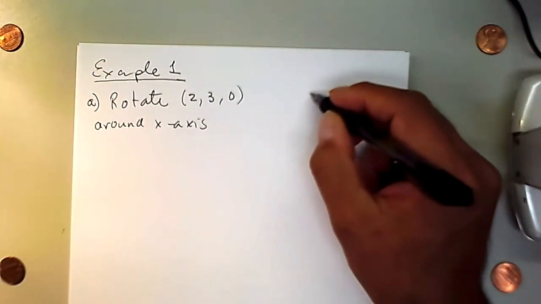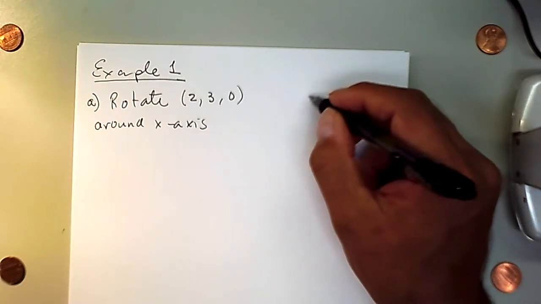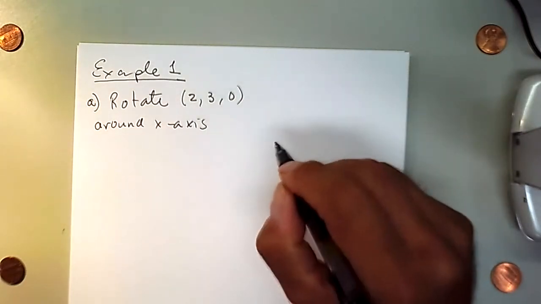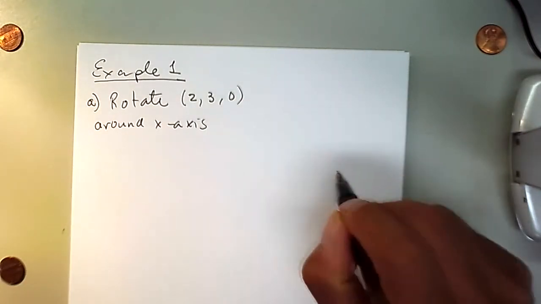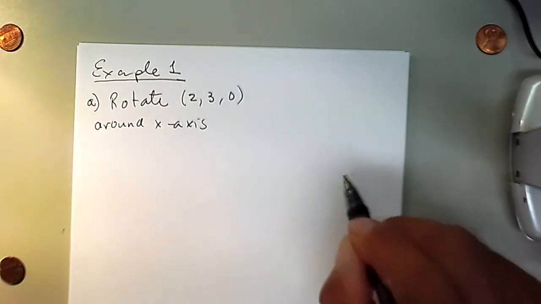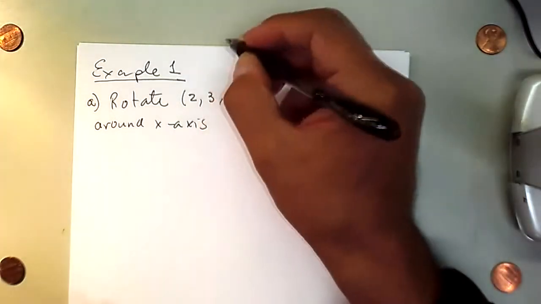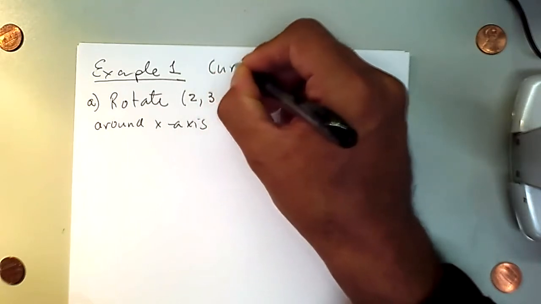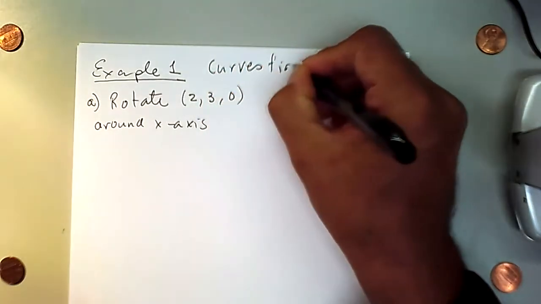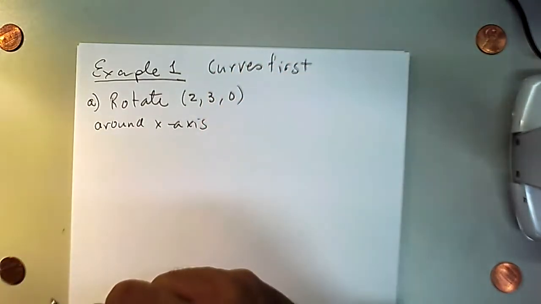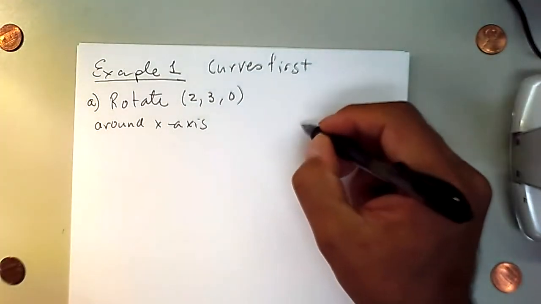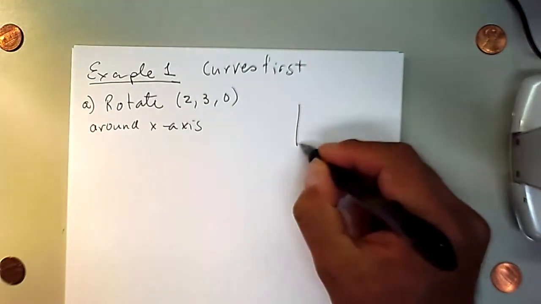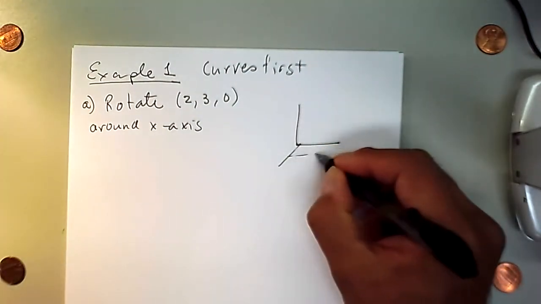So these are going to be paths, and then in the second example, we're going to go to surfaces. We're going to practice with paths or curves first. So we have a point, (2, 3), there it is.